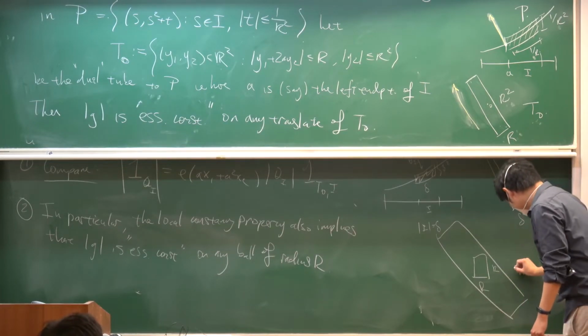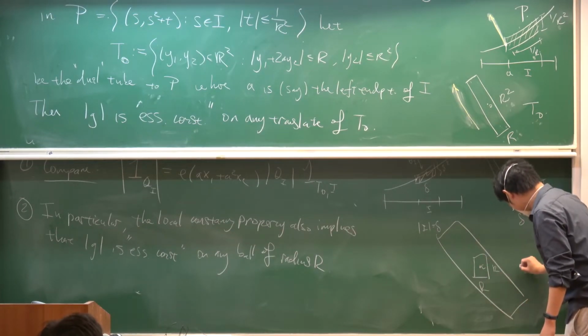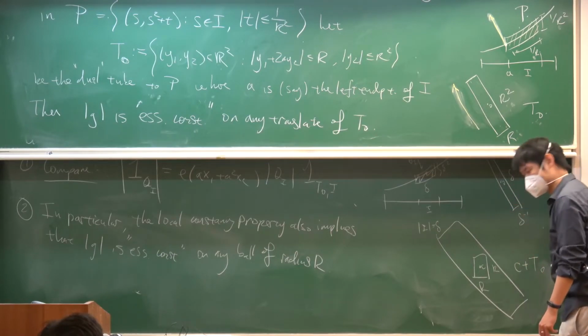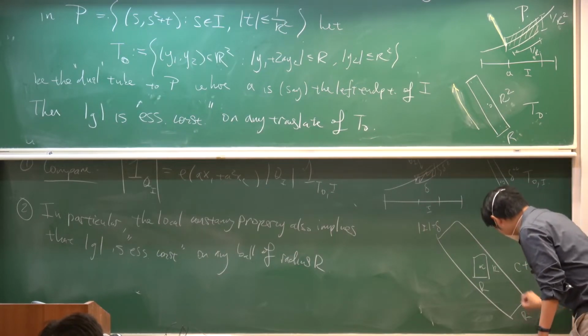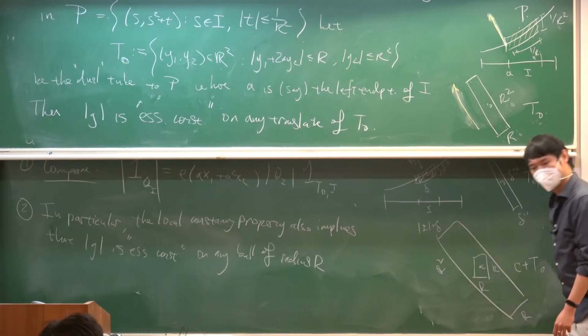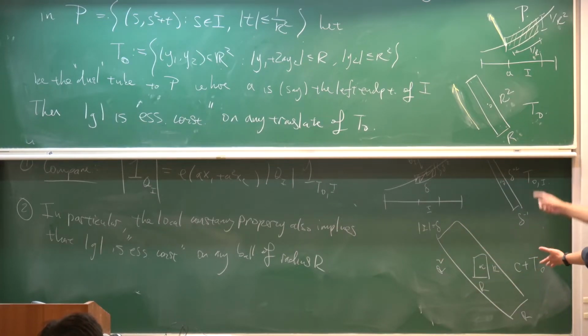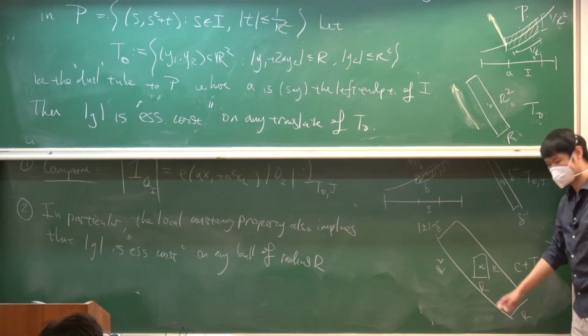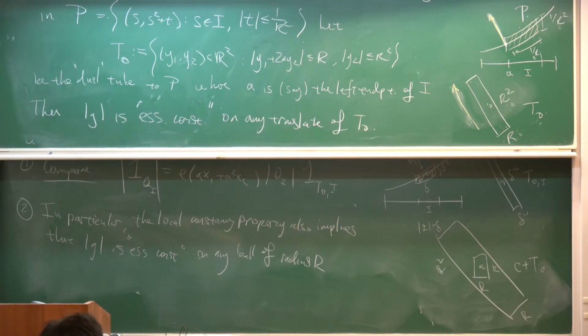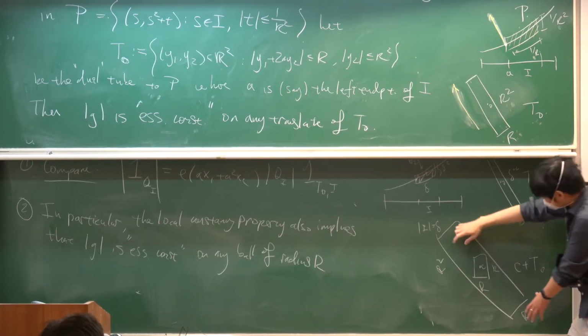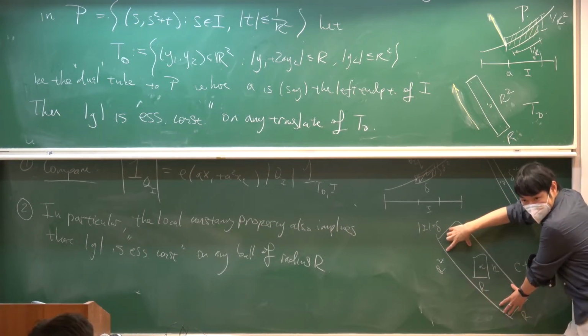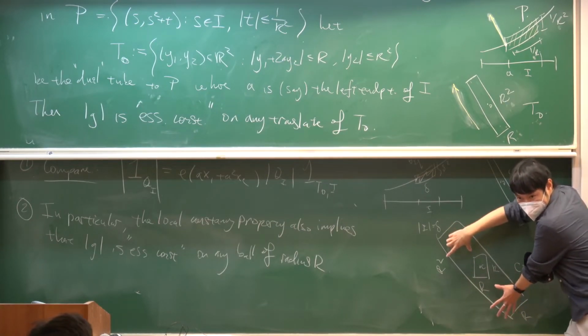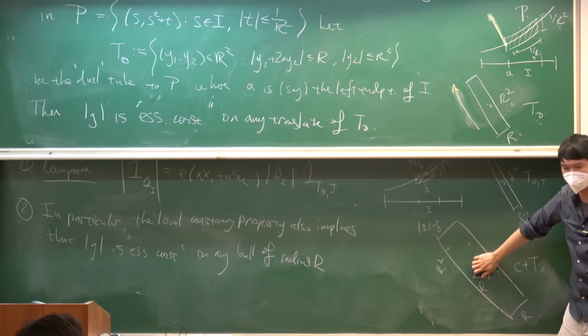So let's say this is C. Then I'm going to take the translate C plus T naught. This is an r by r squared tube, a translate of T naught, that contains this ball of radius r. Now, by the local constancy property, absolute G is constant on this whole tube. It's 5 on this whole tube. And so therefore, it's constant on this ball of radius r.